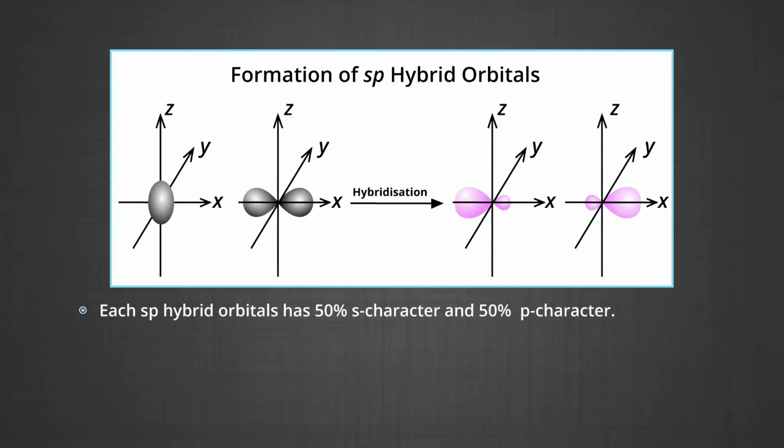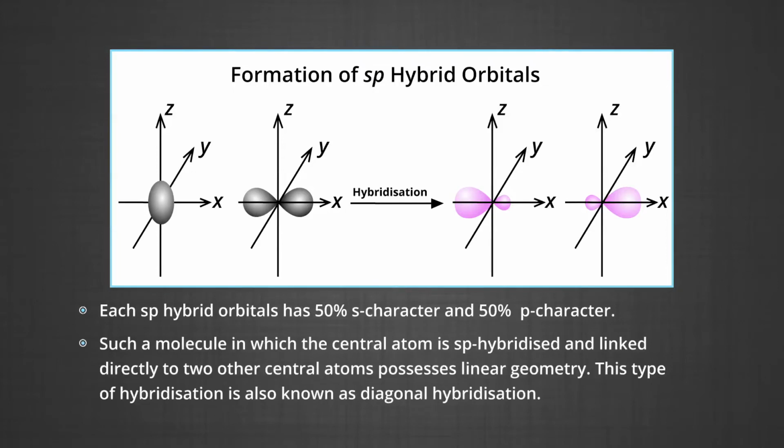Now, in the figure you can see the mixing of one s and pz orbital to give rise to sp hybridization. Such a molecule in which the central atom is sp hybridized and linked directly to two other central atoms possesses linear geometry.